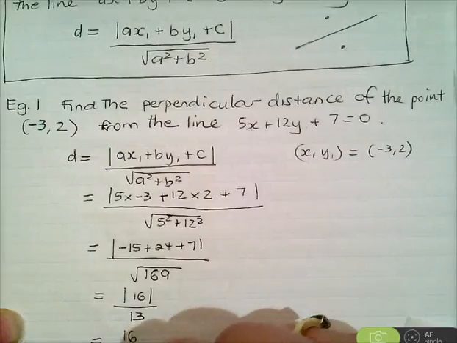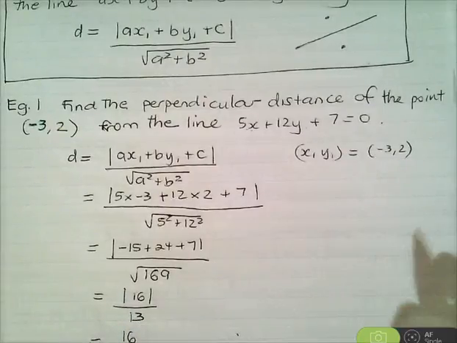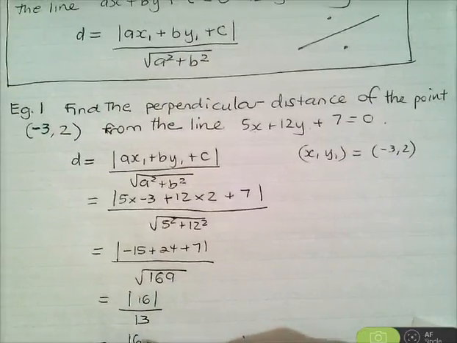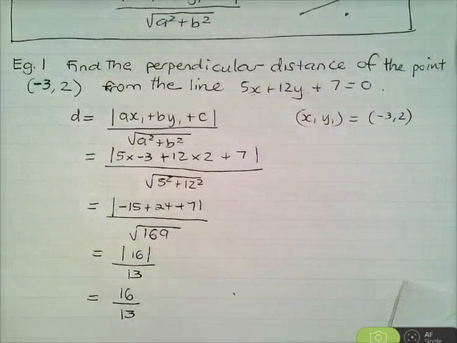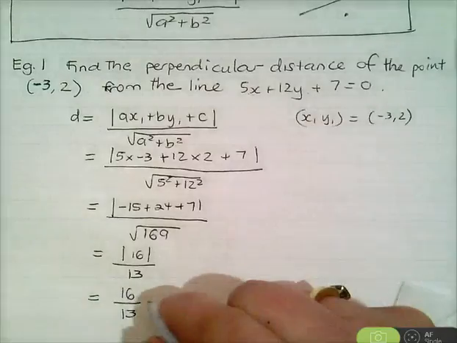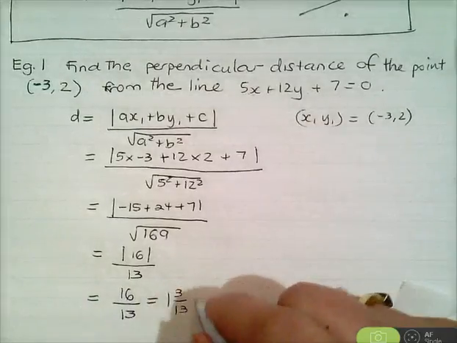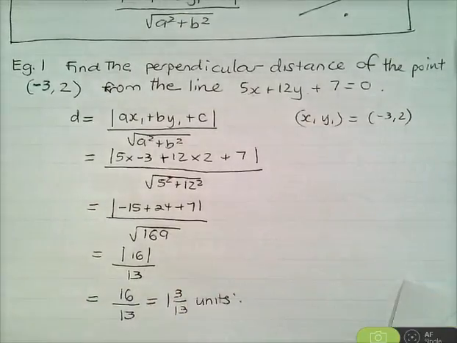Absolute value of 16 is 16, and the square root of 169 is 13. So your answer is that the perpendicular distance of the point -3, 2 to that line is 16 over 13, or 1 3/13 units. Okay, so that's our first example.